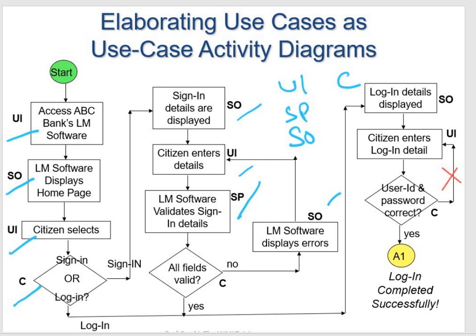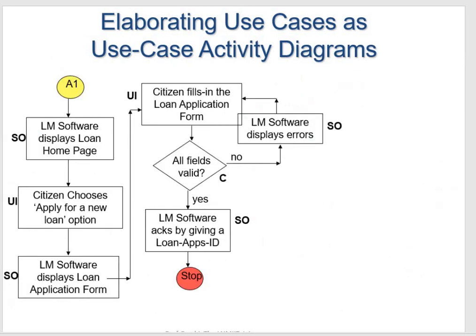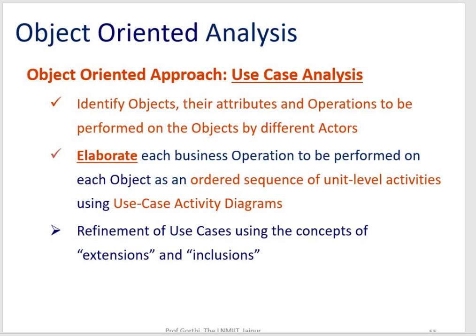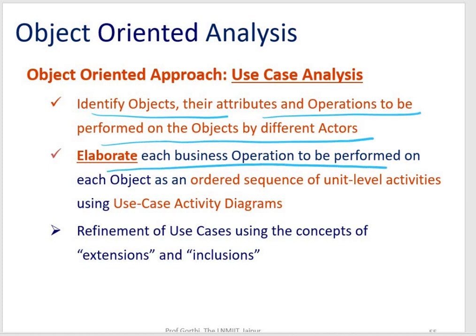Now let's say these are some improvements to the use case activity diagram, where what we are trying to do is we have given user input, system output, user input, then condition, right, some amount of system processing and so on and so forth. So what we have done is we have user input, system processing, system output and some check conditions as well, and that can be added to everything.